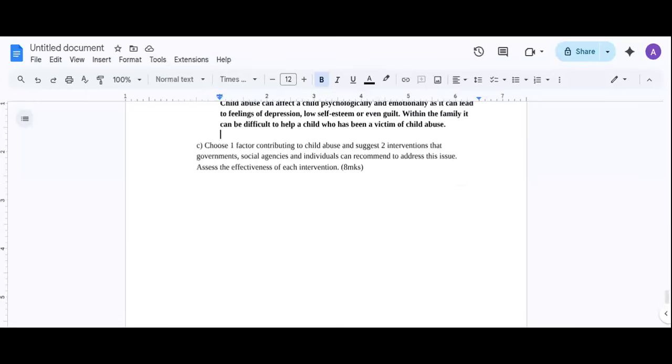So, how can the government, social agencies, and individuals, what are two suggestions of intervention that can be offered to them? Counseling, yes. And we know we have to expand on that answer.